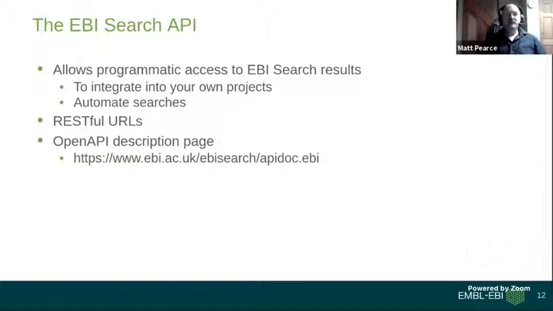We only have GET methods at the moment. And there's a full open API description at this web address, which gives full details of the various search options available to you.